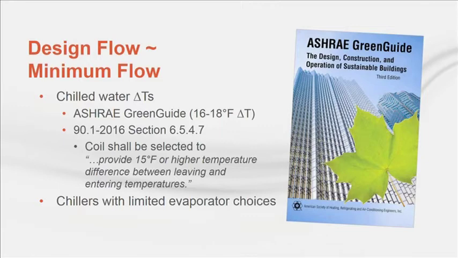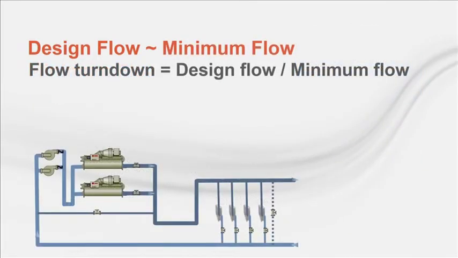Or now, with the publication of ASHRAE 90.1 2016, the requirement for at least a 15 degree chilled water delta T. And with chillers that have limited evaporator choices, such as screw and scroll chillers. In VPF systems, we really like to have the turndown ratio, that is the ratio of design to minimum flow, be greater than 2.